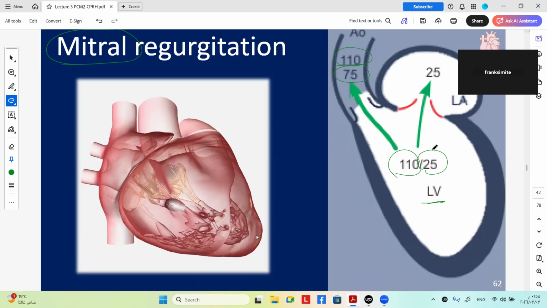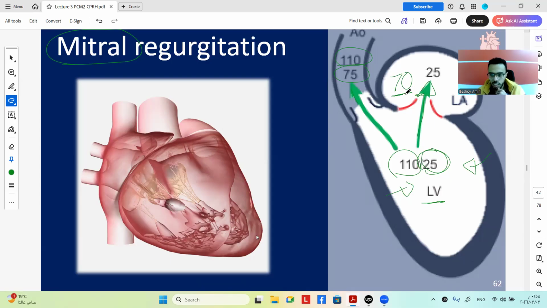The problem right here is blood would be moving back from the left ventricle during systole, during the push of the ventricle, blood would be moving to the aorta and also to the left atrium. And this blood, so left atrium normally would be having 70 milliliters, but in this case, it would be having 70 milliliters and like extra 30 from the mitral regurg. So it would be having a volume overload.